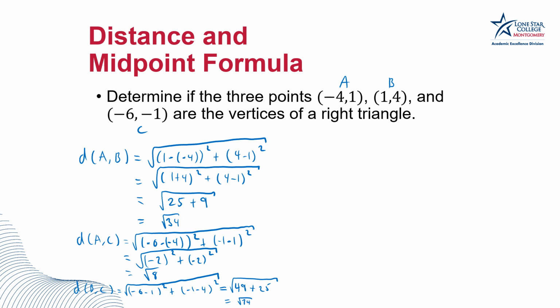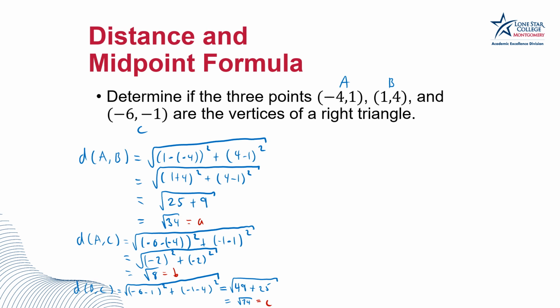Now, let's assign these distances as a, b, and c. So let's call this a, b, and c. If we apply the Pythagorean theorem, because we're talking about a right triangle here, a squared plus b squared equals c squared, will we get that?